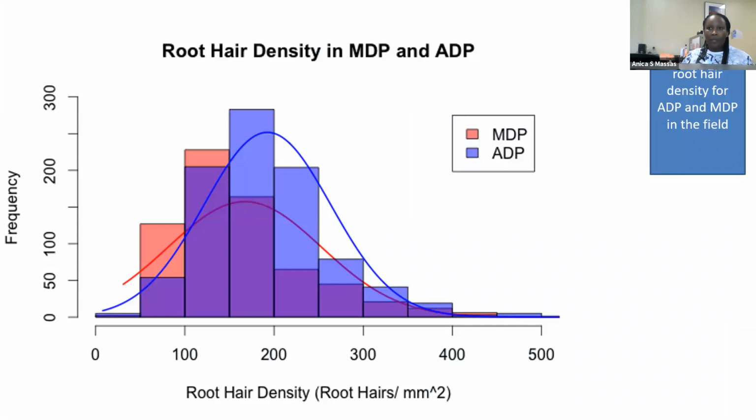We'll see. And here, what we did is look for the variation. We found that there is higher variation of root hair density within gene pool and between gene pools. This was in the field. And we found a lot of variables, such as disease and soil properties, that can affect root hairs. And we know that we cannot control the field environment.